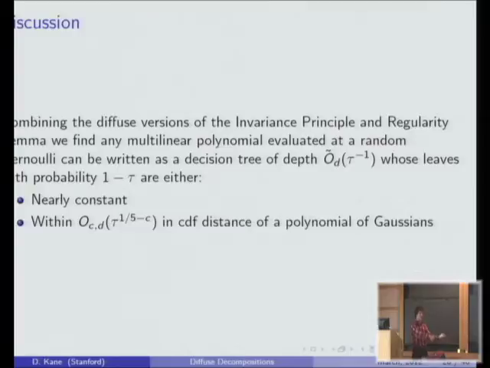You pick some moderately large d, but then you fix it and let whatever other parameters you're looking at go to 0 or infinity. Another way of saying it is that this is meaningful if tau is inverse in terms of a factor of 1 and d. Yeah, something like that. It will be exponential. Yeah. Okay.